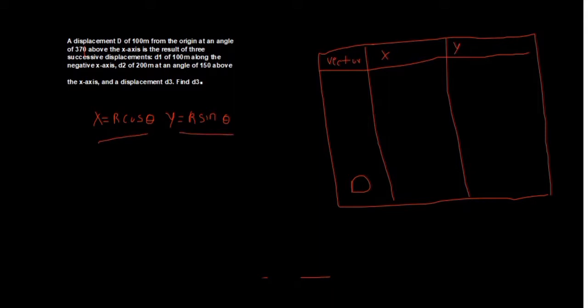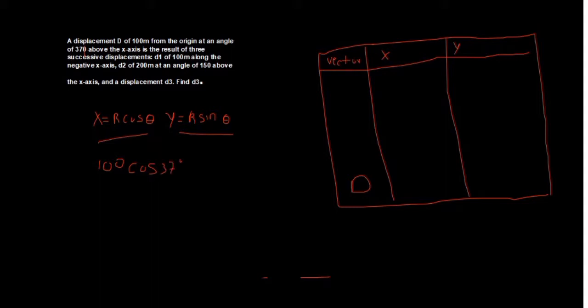Our x component is the magnitude of the vector, which is 100 for d, times cosine of the angle. So our angle is 37.